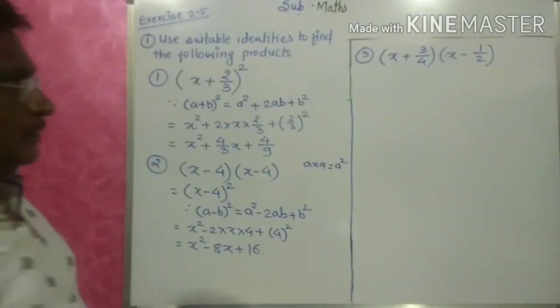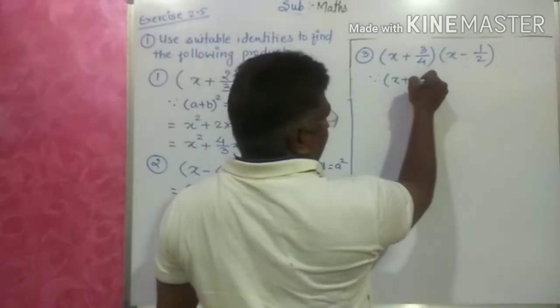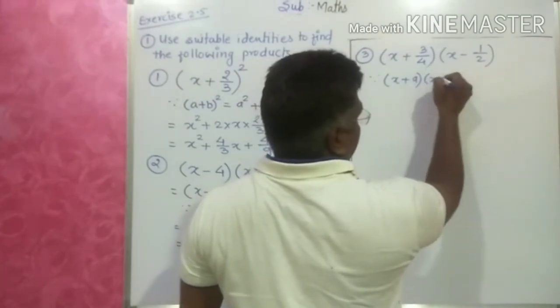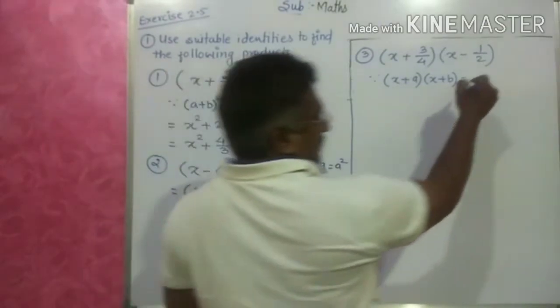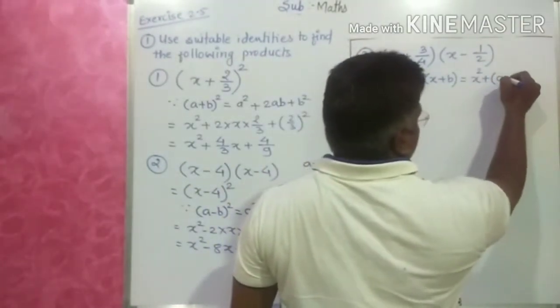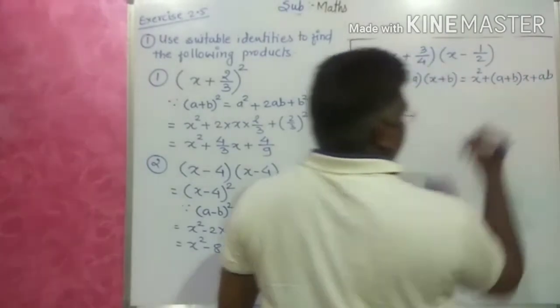This is a product. So what identity did we study? (x plus a) into (x plus b). This identity we studied. What is the identity? x square plus (a plus b) into x plus ab.